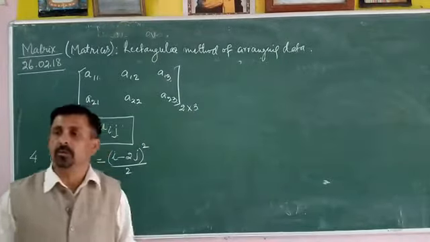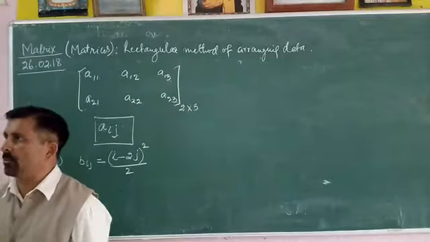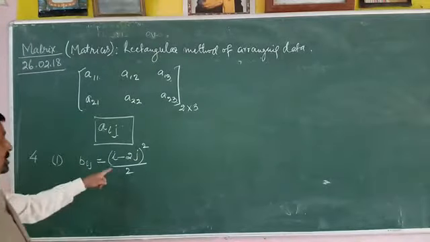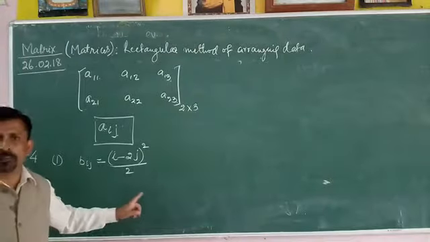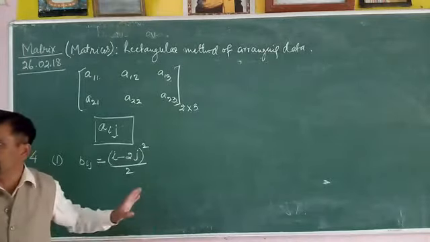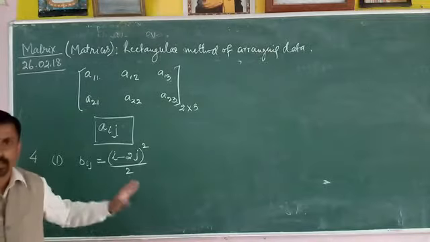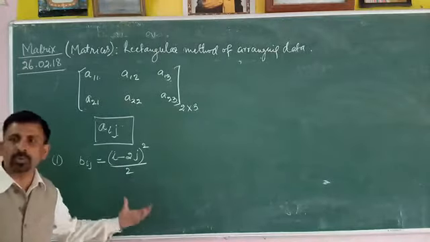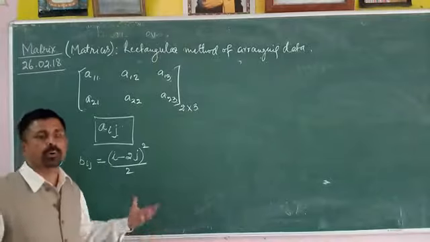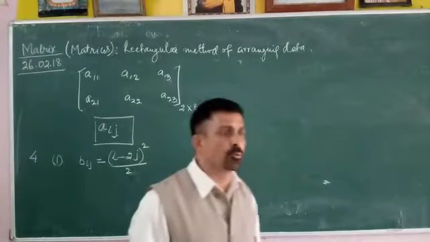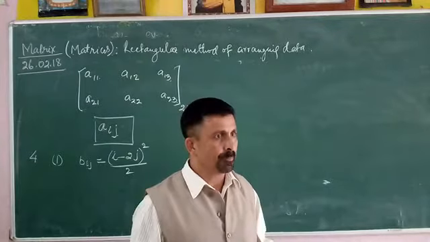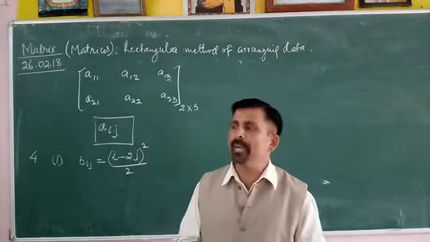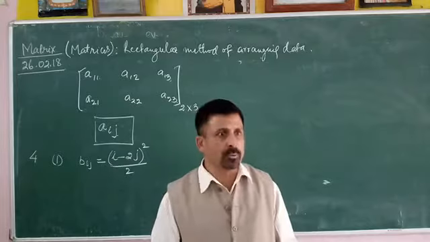According to the question, we are asked to write a matrix of the order 2 by 2 with this given condition. And I want all of you to understand it very clearly. Please lend your ears. This is the condition which we are going to follow in order to write a matrix of the order 2 by 2.